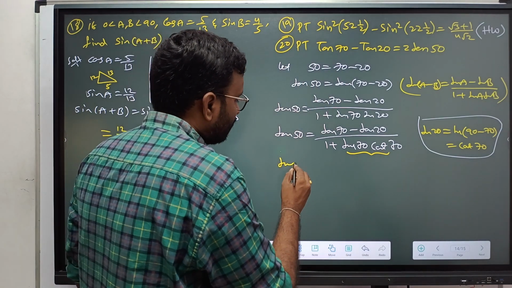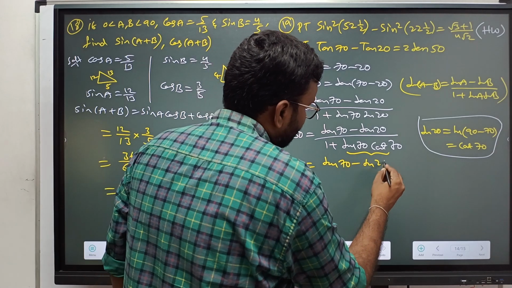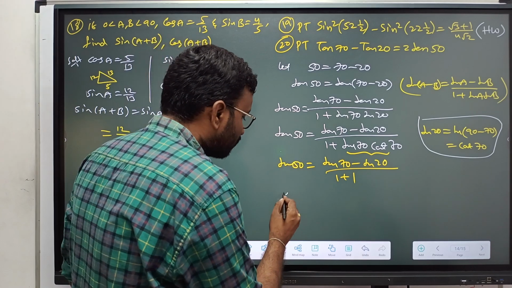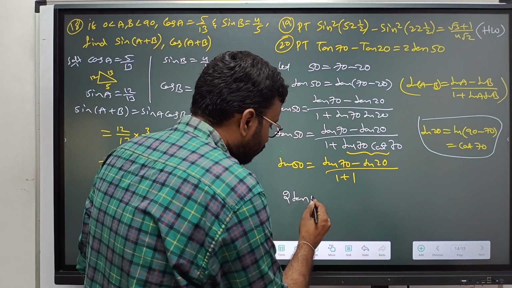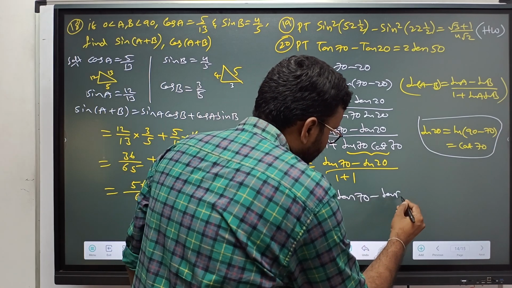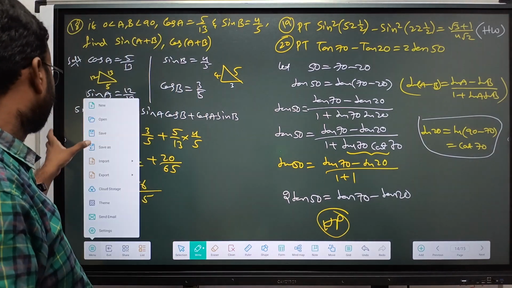So tan 50 is equal to tan 70 minus tan 20 by 1 plus 1, which is 2. If you take this to the other side, it becomes 2 tan 50 is equal to tan 70 minus tan 20. Okay, hence proved.